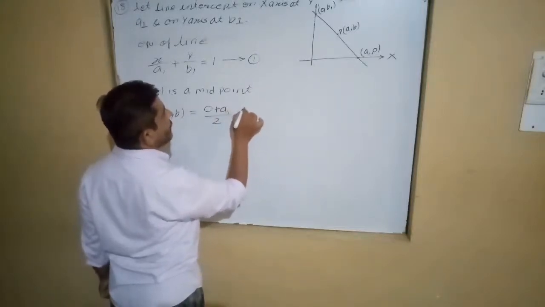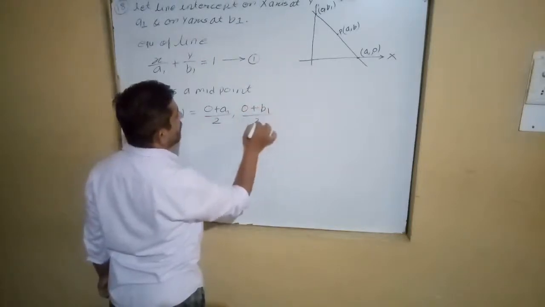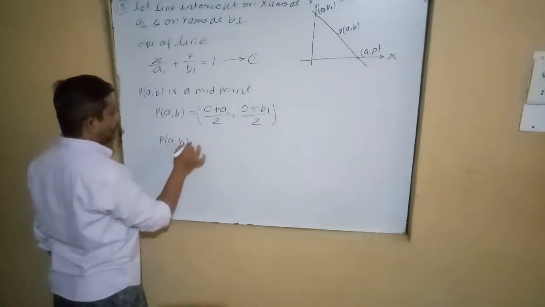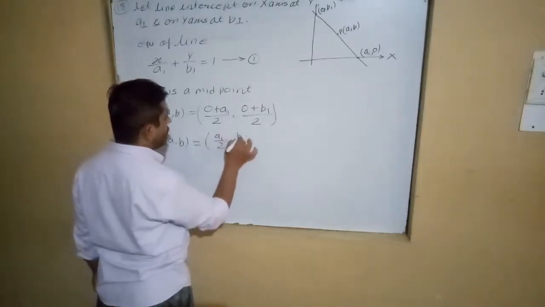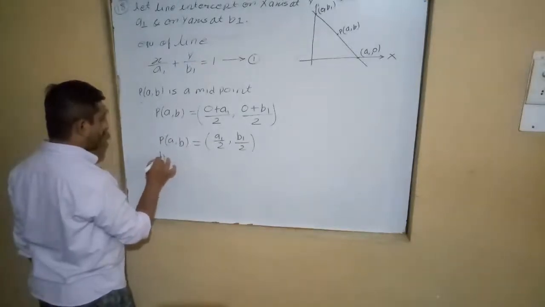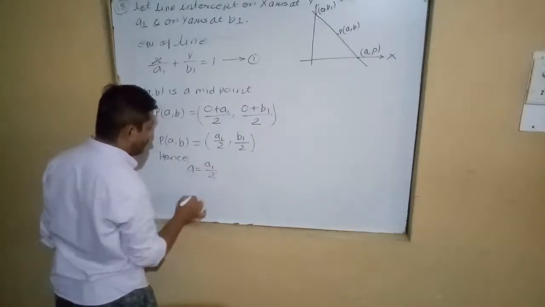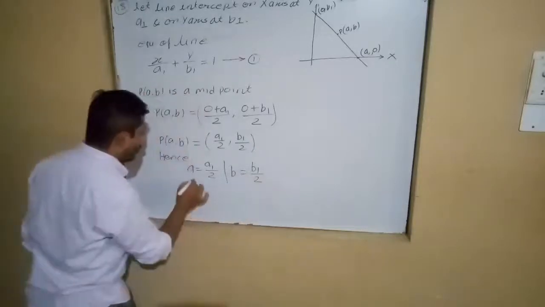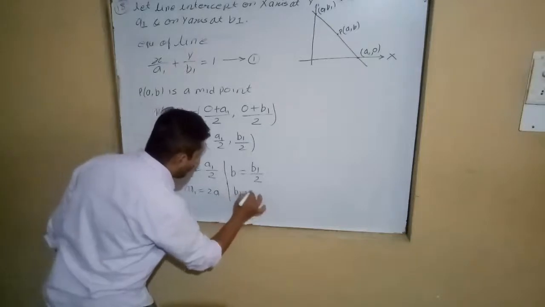So we can write P(a, b) is equal to A1 by 2 and B1 by 2. Now we can write a is equal to A1 by 2 and b is equal to B1 by 2. So what will come here? A1 is equal to 2a and B1 is equal to 2b.